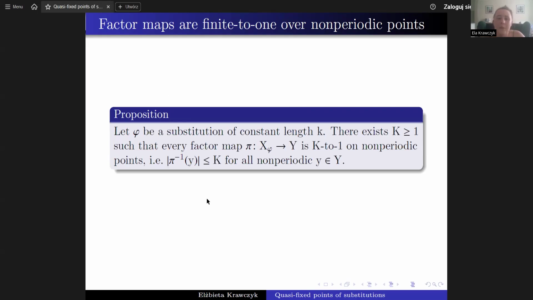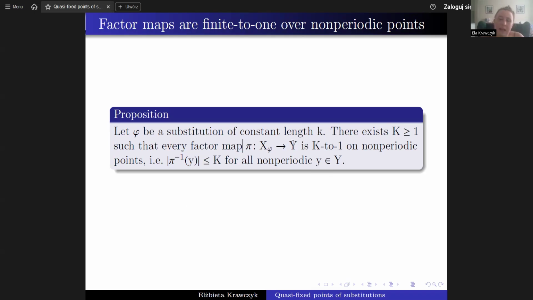And another proposition is the small thing, which is basically to take care of this factor map or coding. What it says is, if I start with a substitution of some constant length, then I can find a uniform constant big K such that every factor map from X_phi to some other system Y, or any coding, is K-to-1 on non-periodic points.